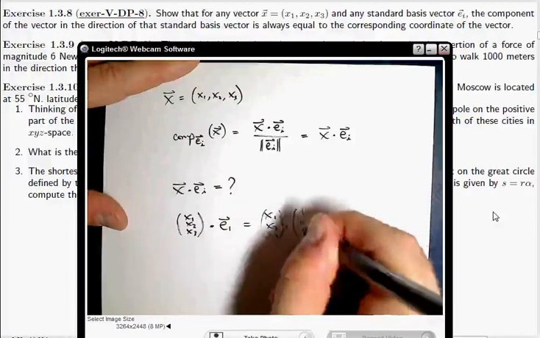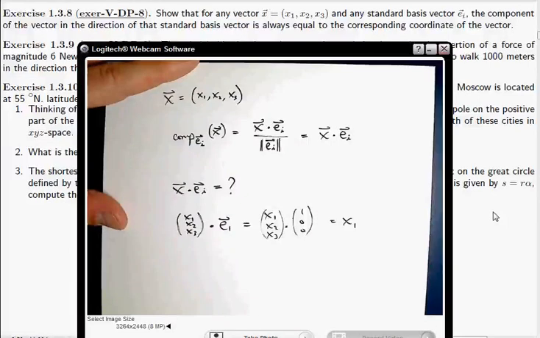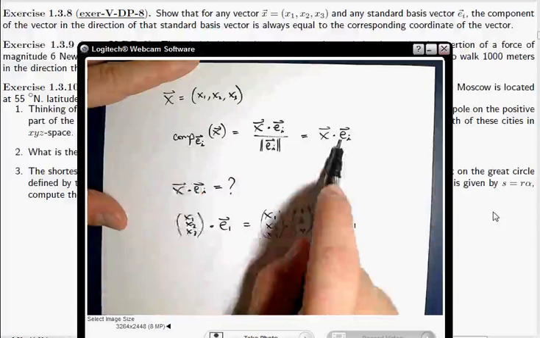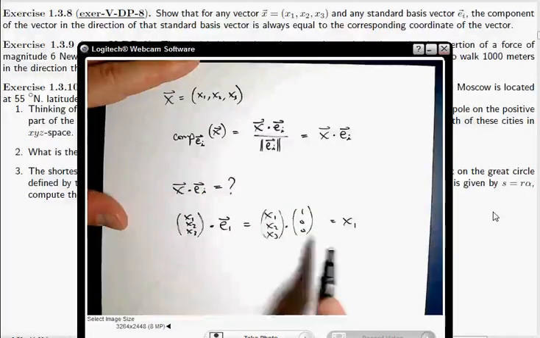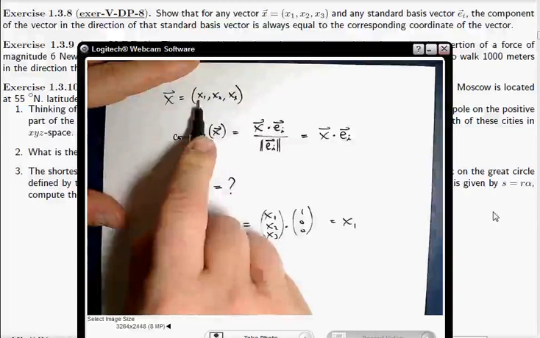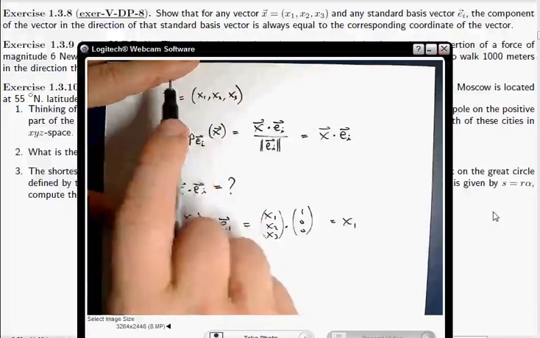It's 1, 0, 0. And this is an easy dot product. It's just x1. So the component in the E1 direction is that dot product, which is x1, the E1 coordinate of the vector. So the component is that coordinate.